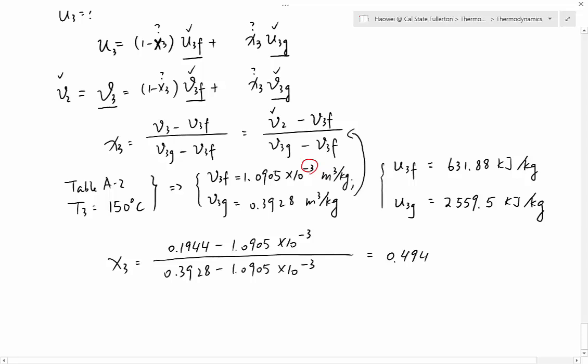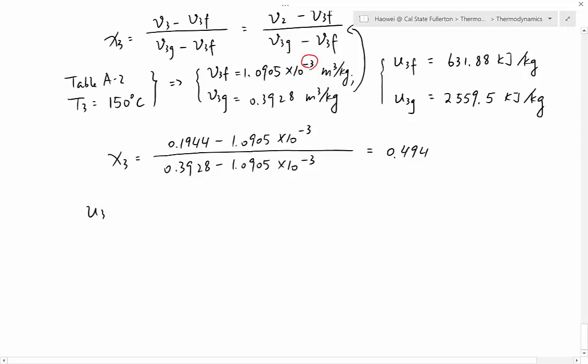And then we can go back to this equation, plugging in x3, u3f, u3g, and then we will be able to find u3. So u3 is equal to 1 minus x3 times u3f plus x3 times u3g.